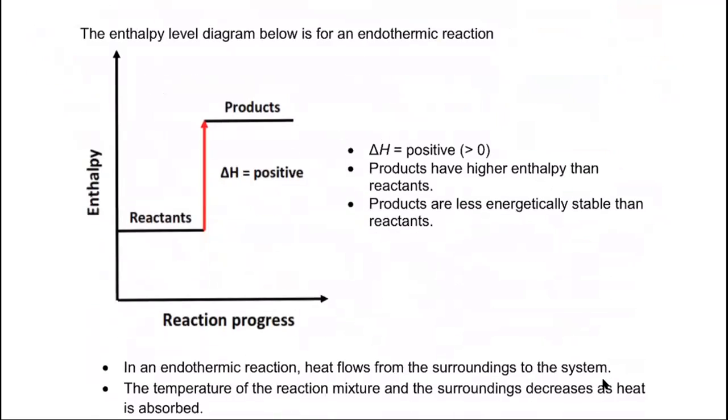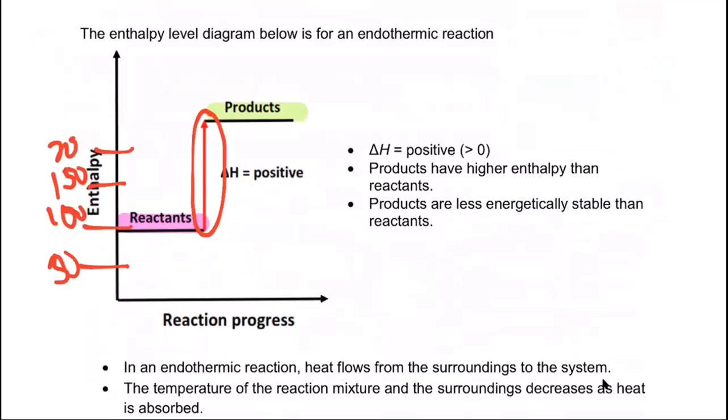Endothermic, the graph basically looks the opposite. On this one, my reactants are down lower, my products are up higher. And so now if I look at the arrow, it's pointing up. So if I go back to my thing, if I label this 50, 100, 150, 200, and then maybe the products are here at 250.